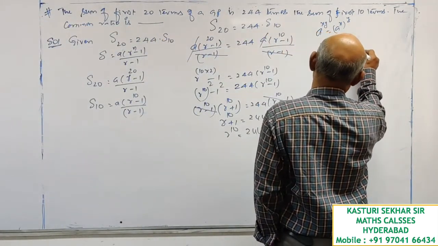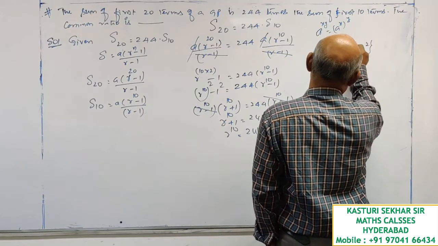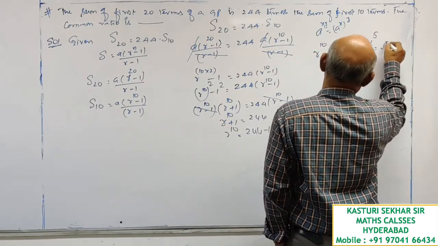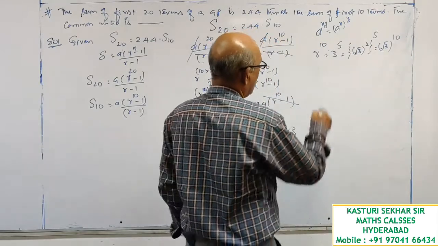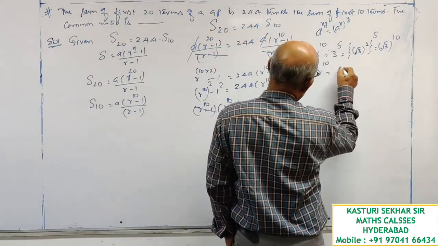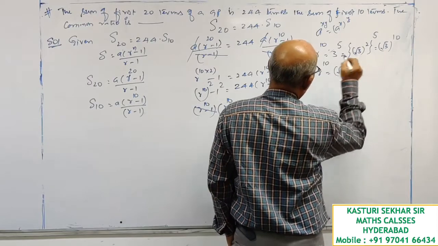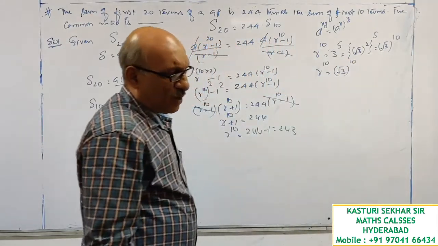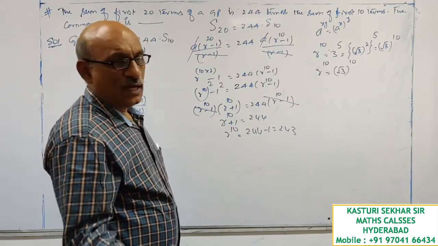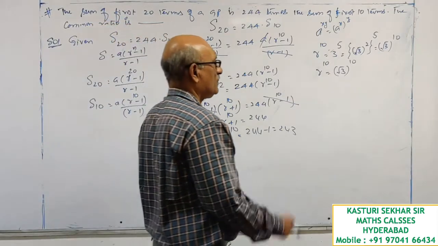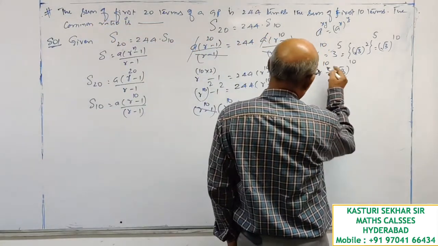This 3 can be written as (root 3 whole square) to the power 5. So square root of 3 whole power 10. R to the power of 10 is R root 3 to the power 10. Now powers are equal, I have the equal to sign, so I can equate the bases. Notice one more point here.